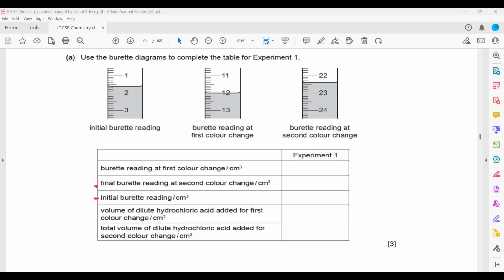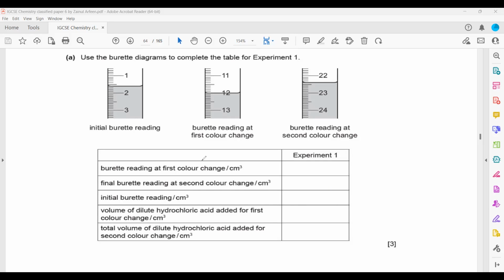How do we identify that? So this is the initial burette reading. I will fill this in for you, just a minute, so you will have an idea.